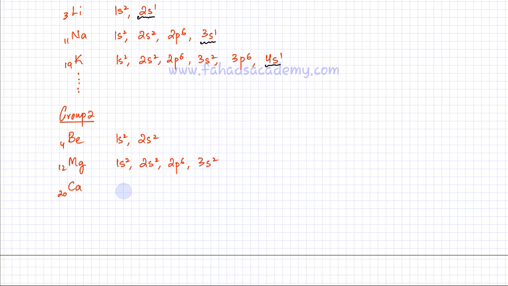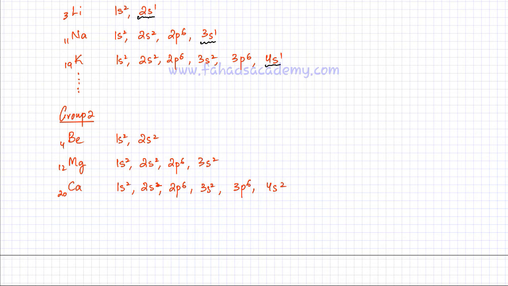For calcium, the total number of electrons is 20, so the electronic configuration is 1s2, 2s2, followed by 2p6, then 3s2, then 3p6, and after that 4s2.